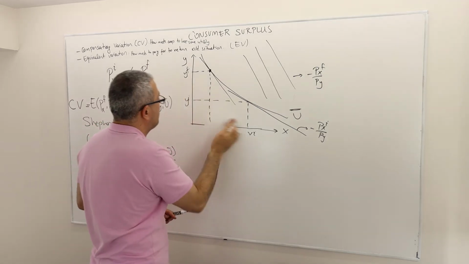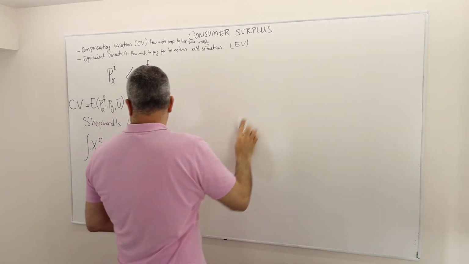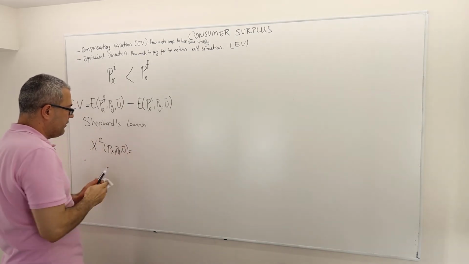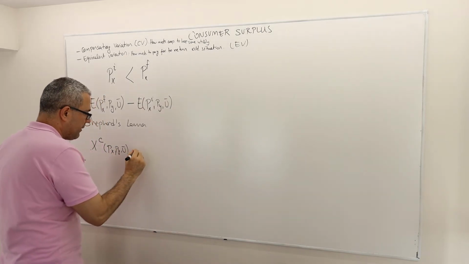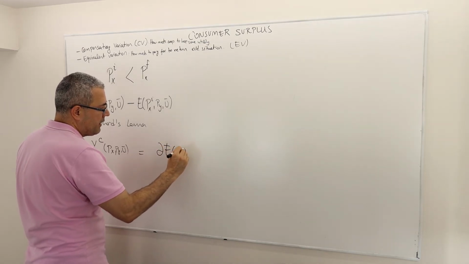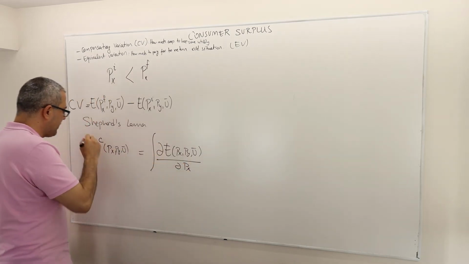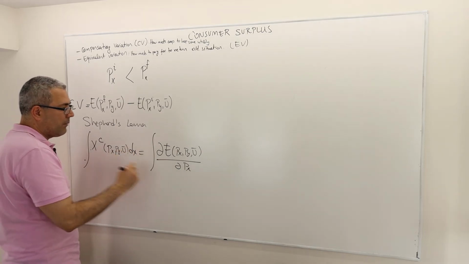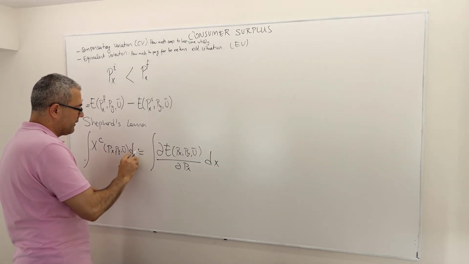Let's clear this part because I'm done with these graphs. Okay, so before I integrate, I'm going to rewrite it because I need a bit of space. So this Hicksian demand is equal to del expenditure px py u bar over del px, right? So I'm going to take the integral on both sides. That shouldn't change the equality. And some sort of an infinitesimal sign with dpx.